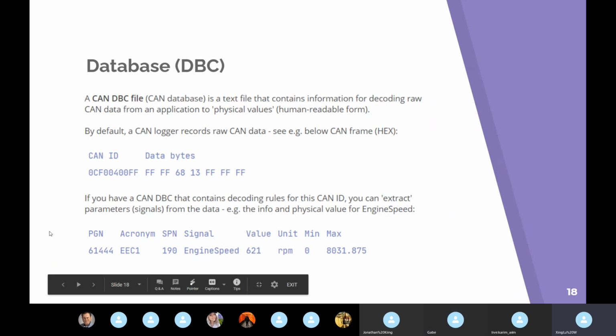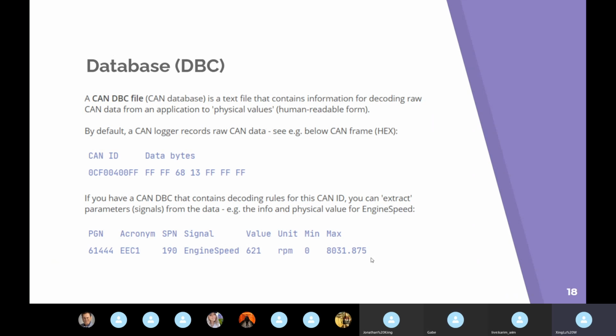It will give you something like this, or even graphs, so it's really easy to understand as a human. But you can't really put a DBC file into a TMS 570, for example.